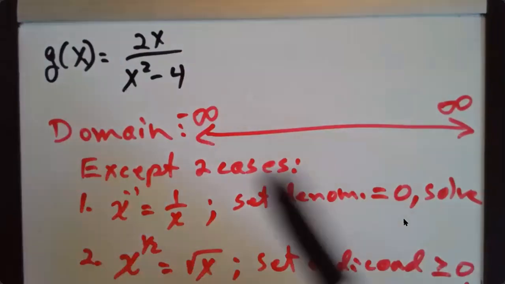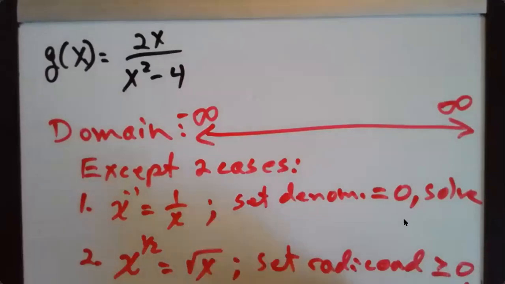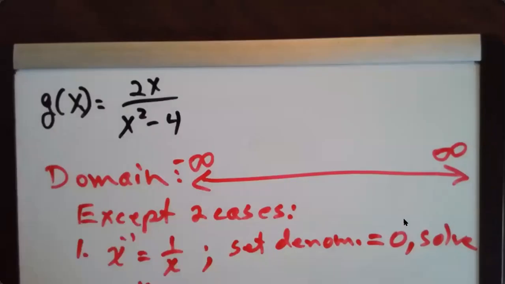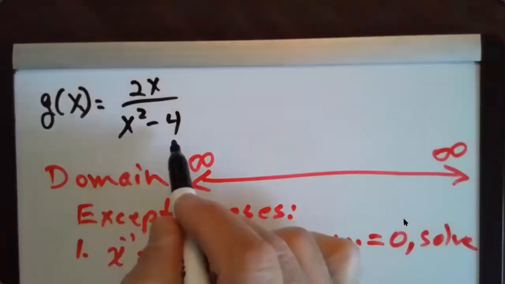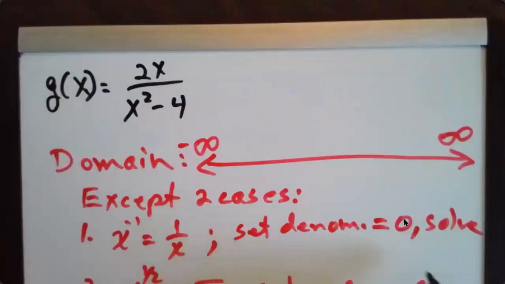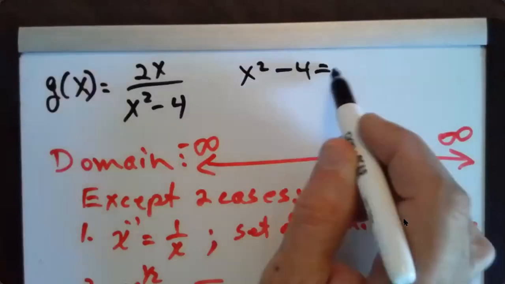You ask yourself, is x in the denominator? Yeah, it is. So we take the denominator and set it equal to 0. So this is x squared minus 4 equals 0.